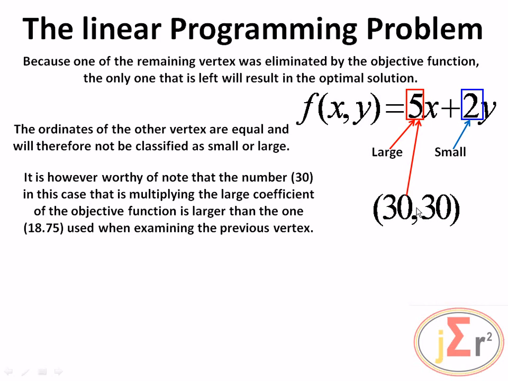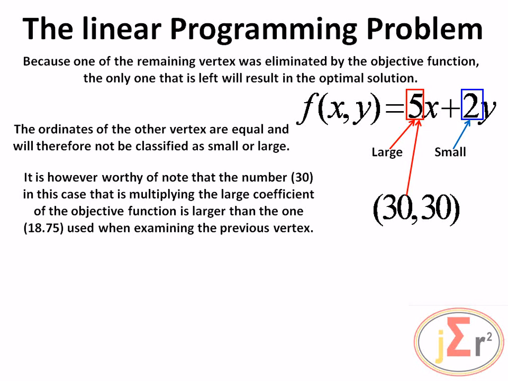But if we take a look in hindsight, we'll realize that the value that we have here to multiply this large value of the objective function, because in the objective function the 5 is the large value, notice that this one is larger than the one that is used to multiply in the other vertex.